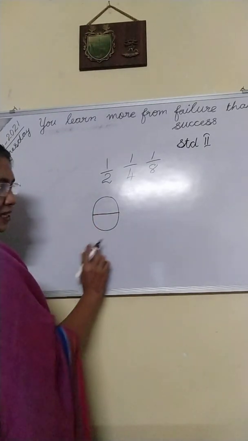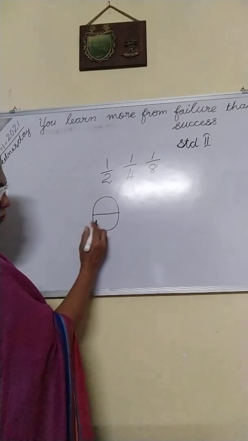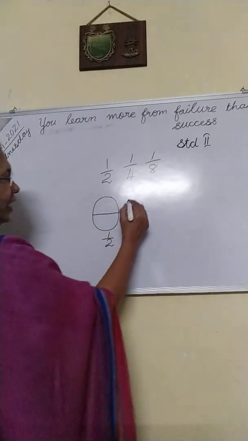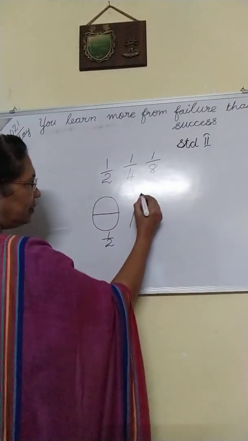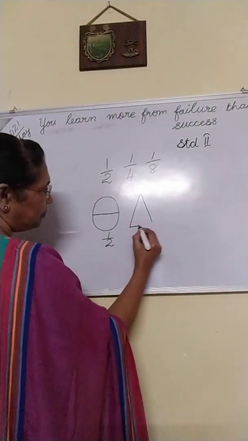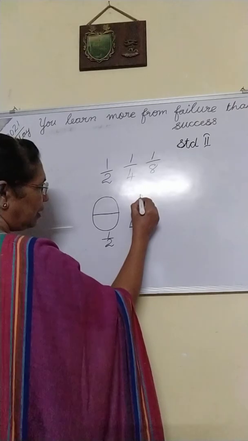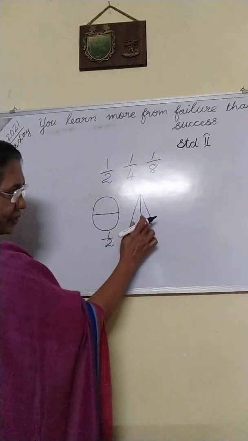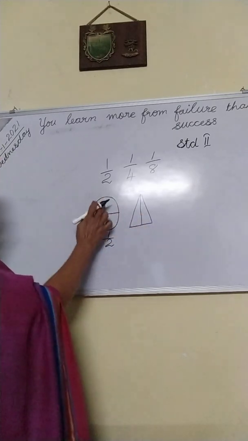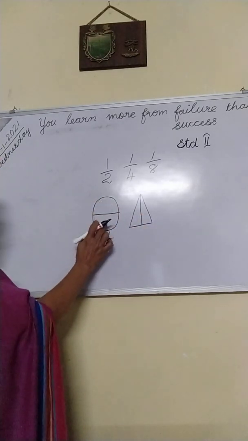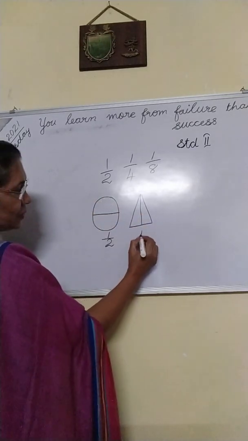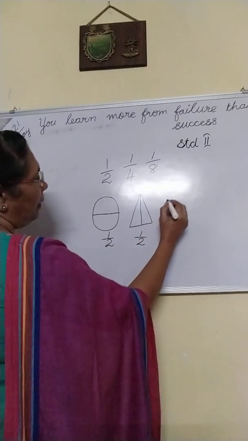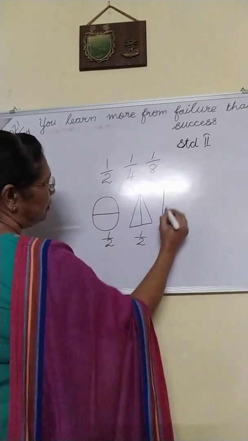And when we color the half portion, we will write this as 1/2. Now again, I'll draw another figure. I'm drawing a line in the middle. So this is 1/2, this is another half. Same way, this is 1/2, this is another half. This is also 1/2. Now, let me show another figure.